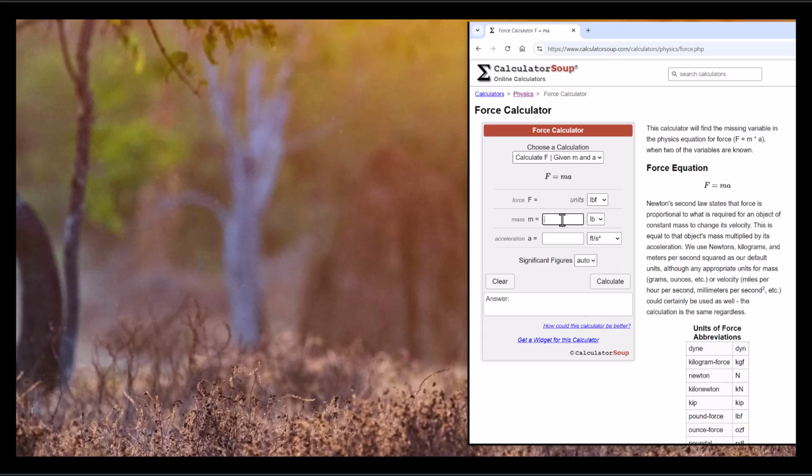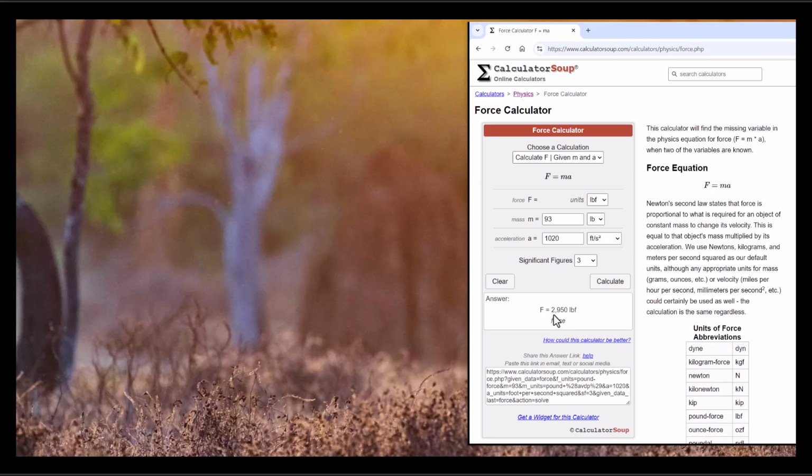So now remember, the robot has 2 feet, so it's 187 pounds divided by 2, which was about 93 pounds, and the acceleration was 1,020 feet per second squared. And we'll calculate. And it says that you need 2,950 pounds of force to have that effect.